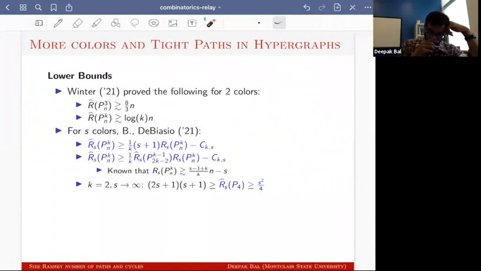When K equals 2 and S is large, I guess this hadn't been studied, but the S color size Ramsey number of P4 is upper bounded by the S color Ramsey number choose 2, which is basically like S squared, but you can also get a lower bound of S squared by some other argument.